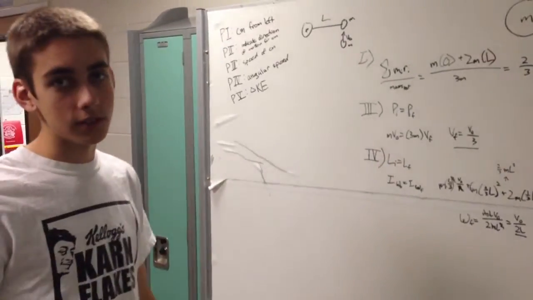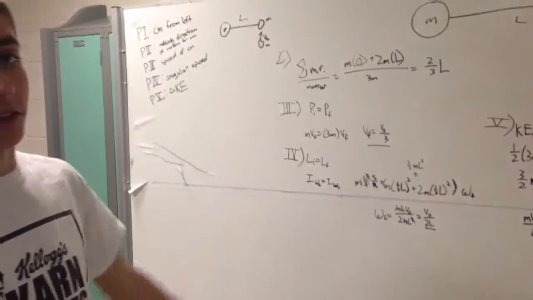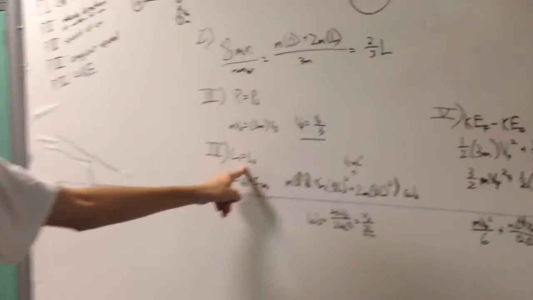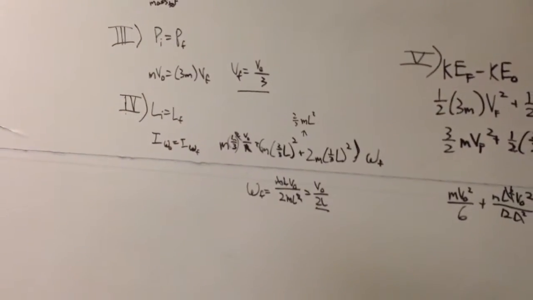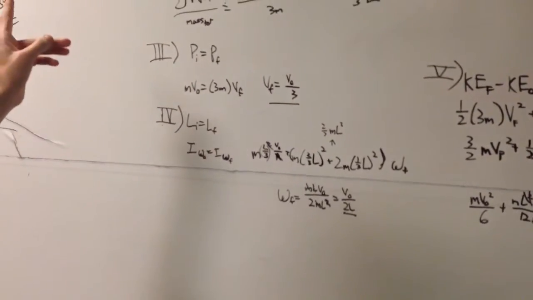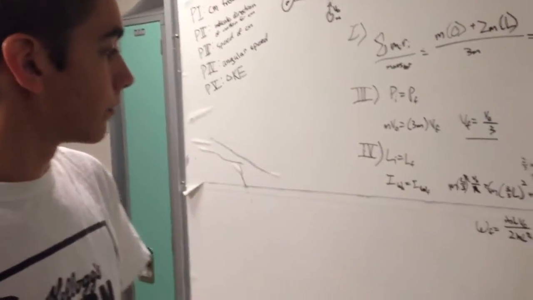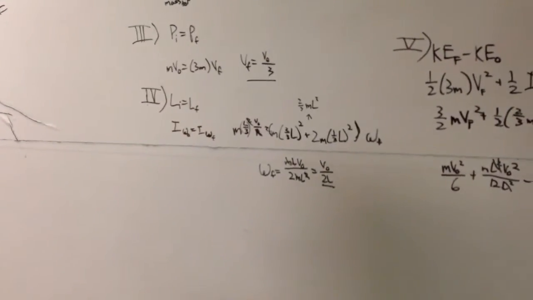Part 4 is to find the angular speed of the system. To do this, we use conservation of angular momentum. Li equals Lf. Make sure to write this on the AP test because you get a point for it. Well, angular momentum is I omega. So I omega initial equals I omega final.